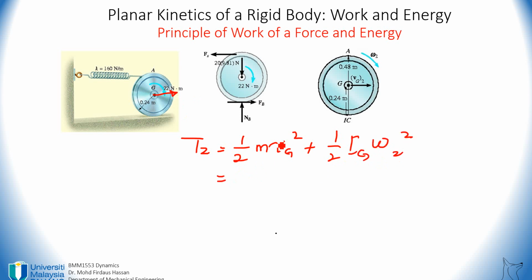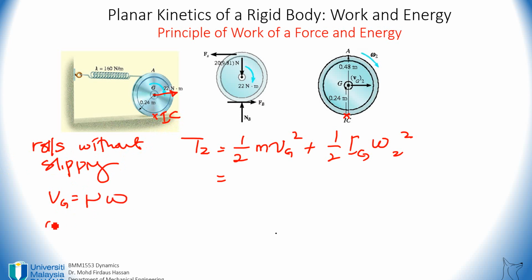And then we know that since this is the IC, it rolls without slipping. So this point is point IC. When we know the point IC, we can determine the velocity of G. vG is equal to R omega and aG is R alpha.